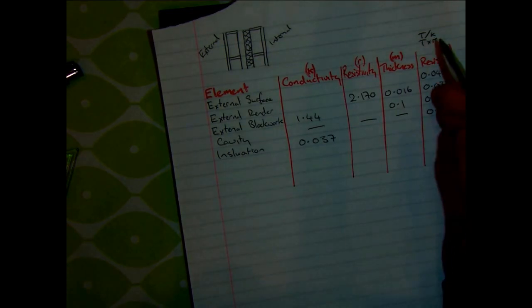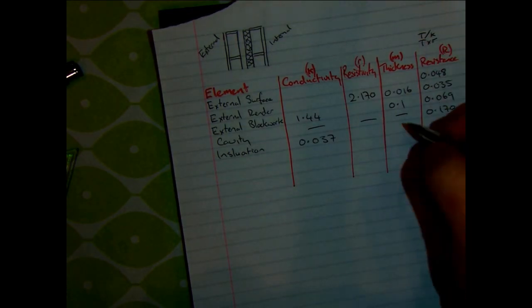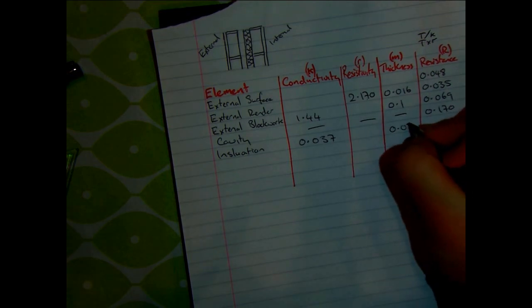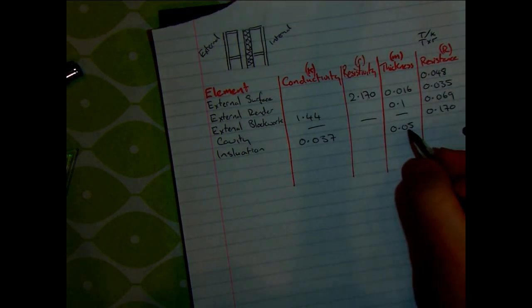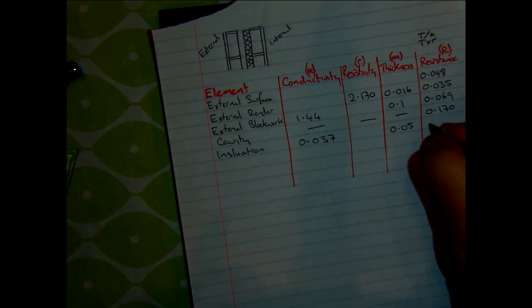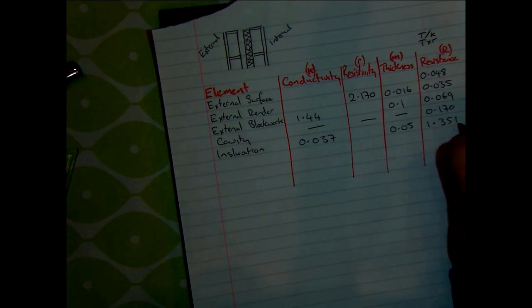Again, the formula that we're going to use is T over K, so our thickness for the insulation is 0.05. So 0.05 over 0.037 will give us 1.351.